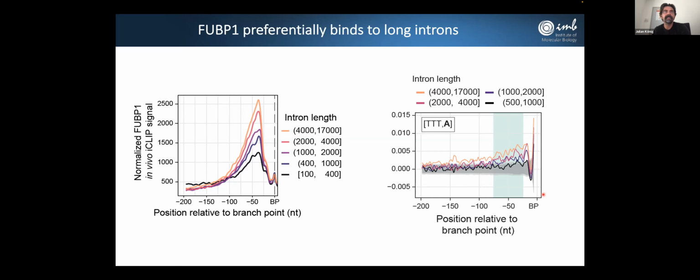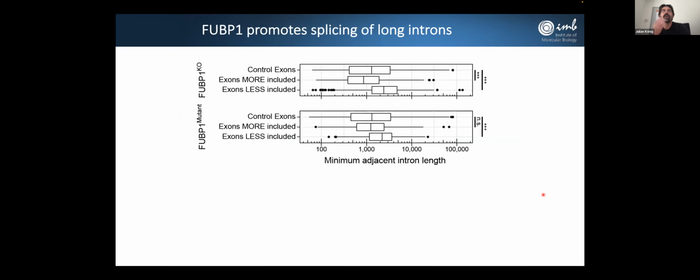Now, we also wanted to know if it's functionally relevant for the splicing of longer introns, and that's why we generated an FUBP1 knockout cell line with CRISPR, and also an FUBP1 mutant where we have a mutation within this N-terminal alpha helix that interacts with U2AF2.